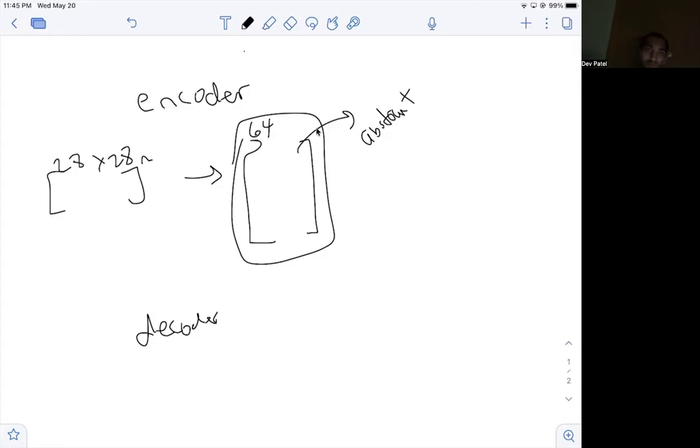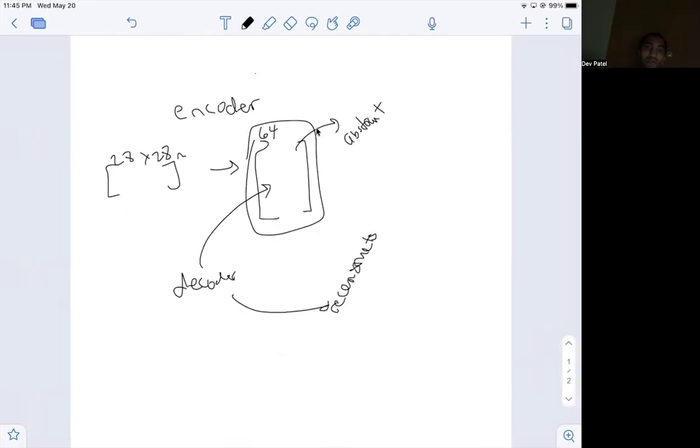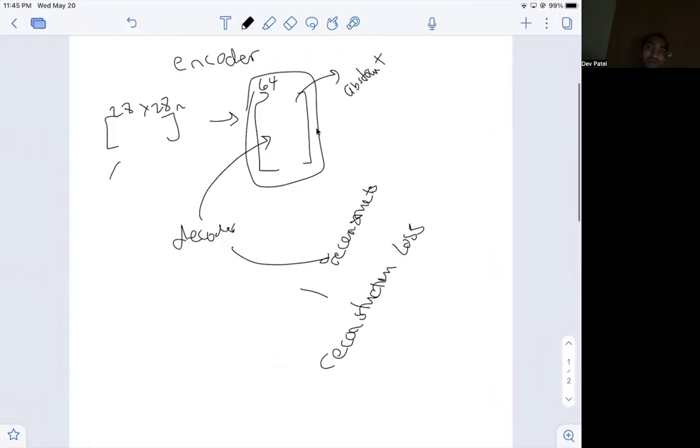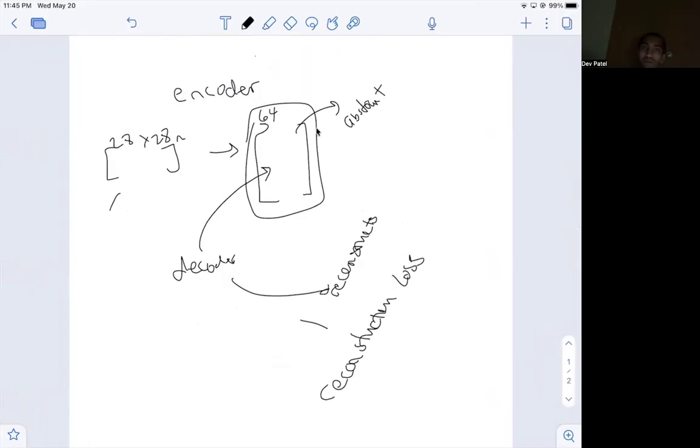And the decoder takes that output from the encoder, and then tries to reconstruct the original image. And the deviation of the reconstruction from the original image is the reconstruction loss. And based upon that loss, we then back propagate and update the weights of both the encoder and the decoder.